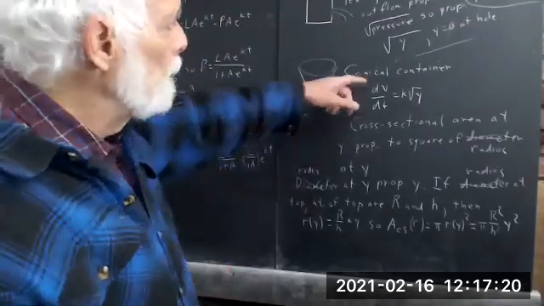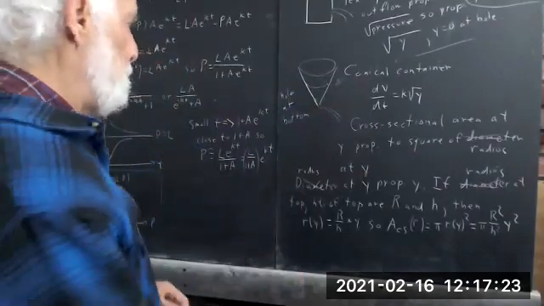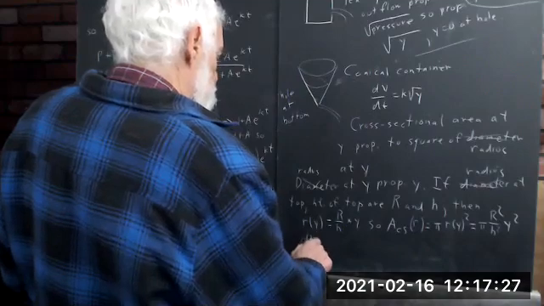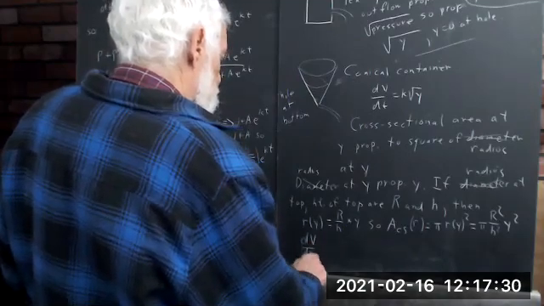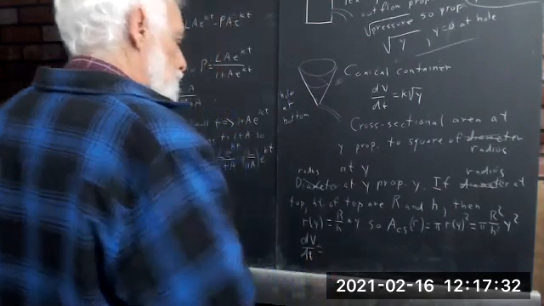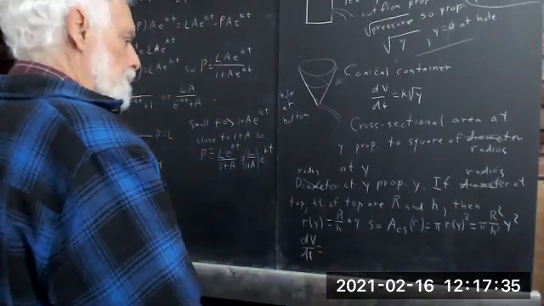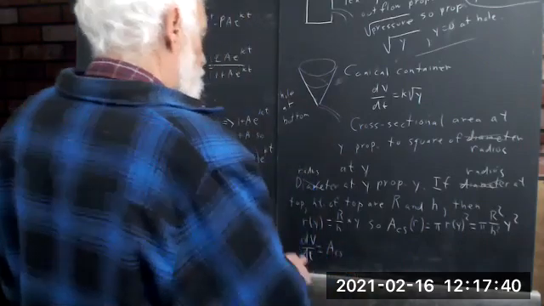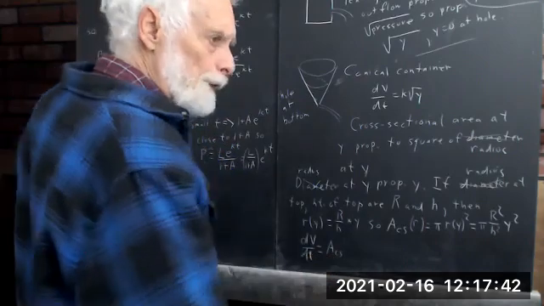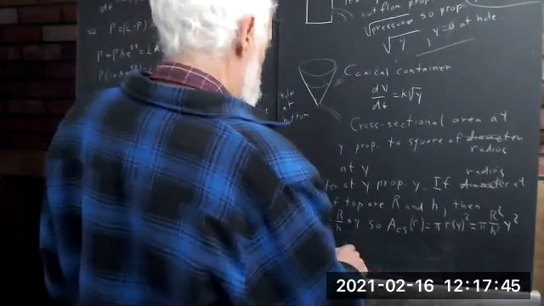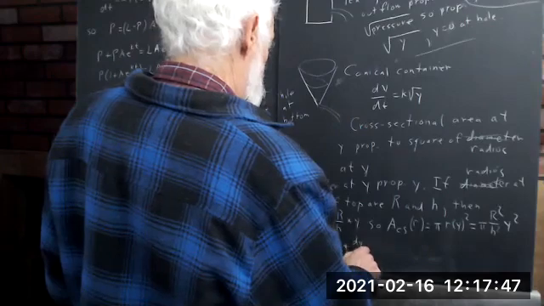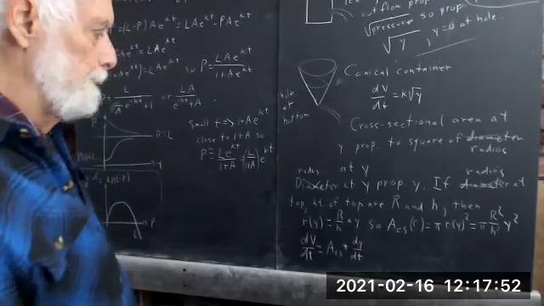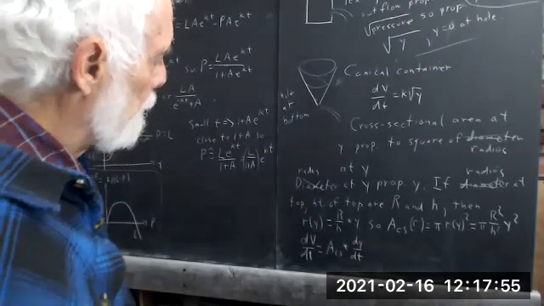Then, if you know the rate at which volume is changing, dV/dt is equal to the cross-sectional area times dy/dt.